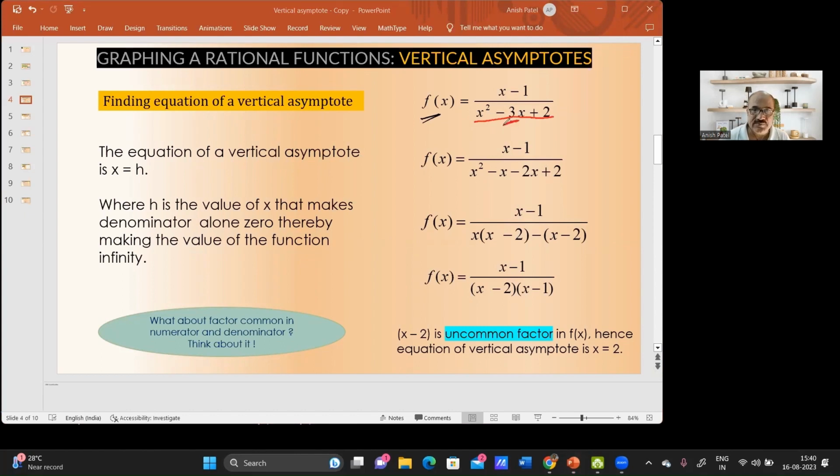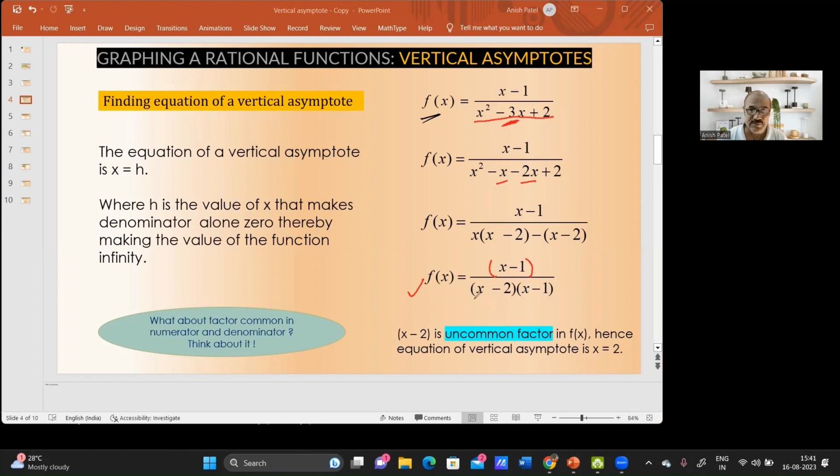So how can we split this minus 3x? Yes, minus 1 and minus 2. So minus x and minus 2x. And this function is written factored as x minus 1 over (x minus 2) times (x minus 1), right? So x minus 1 is a factor in numerator and denominator. It won't be considered as an asymptote.